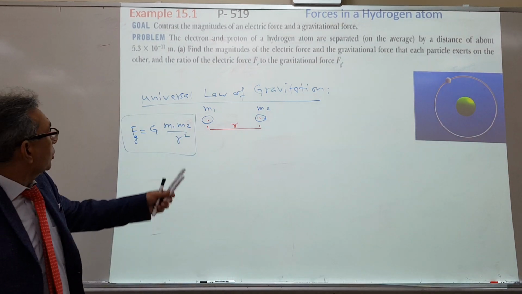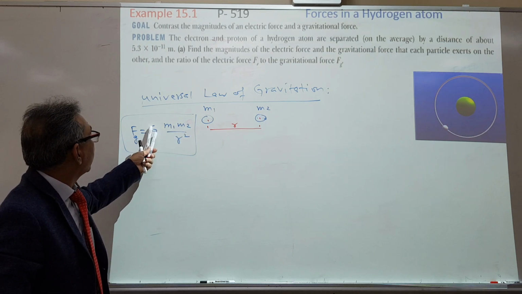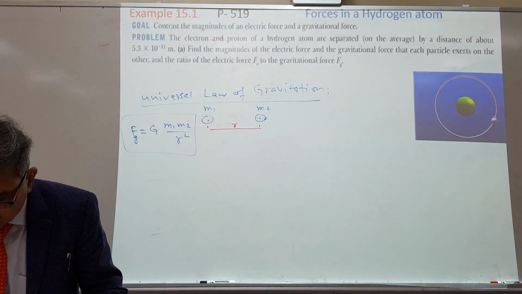Before you had Q1 Q2, now you have M1 M2, the masses. Before you had K here, Coulomb's constant, now you have the gravitational constant, which is G.